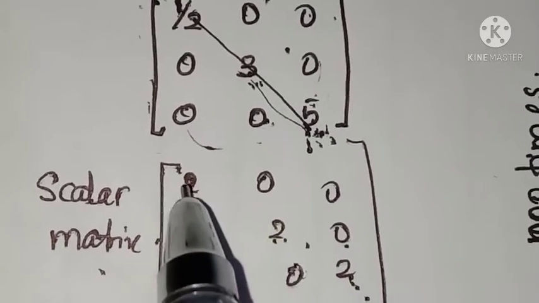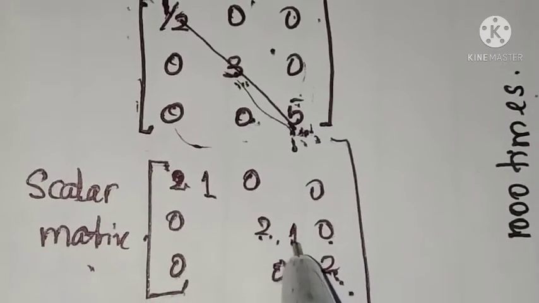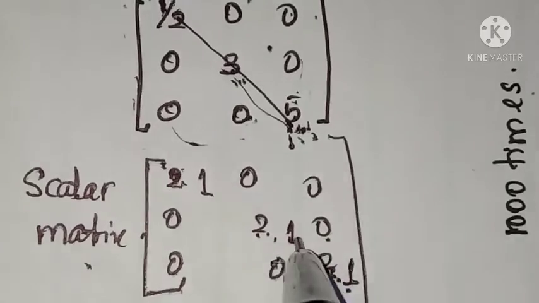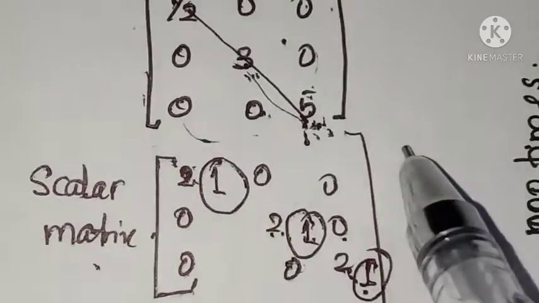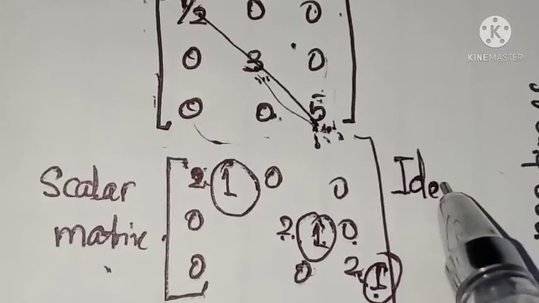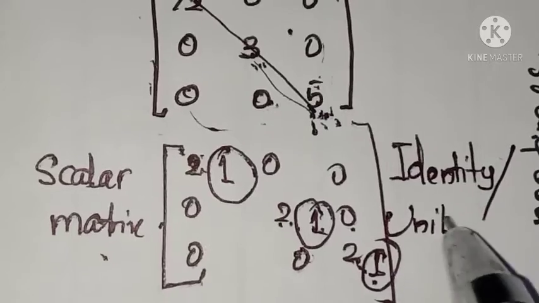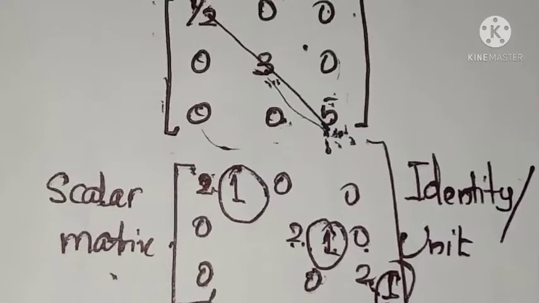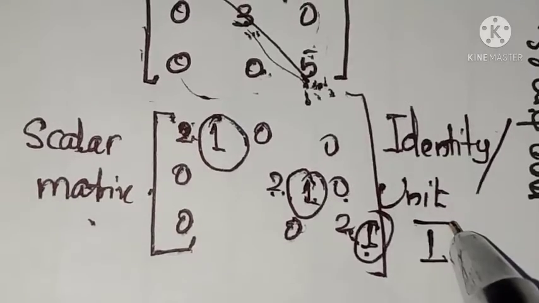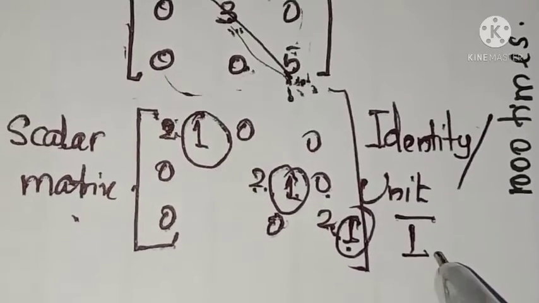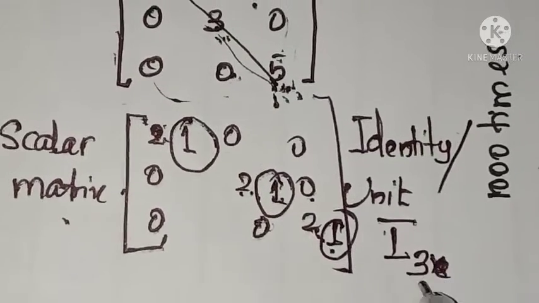Now another one, it's very important. If the diagonal entries are 1, then the matrix is known as an identity matrix, or unit matrix. It is denoted by the letter I. And this is a 3 by 3 matrix, so we can write I3.